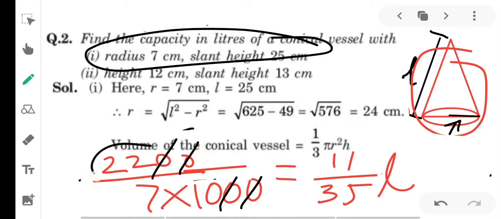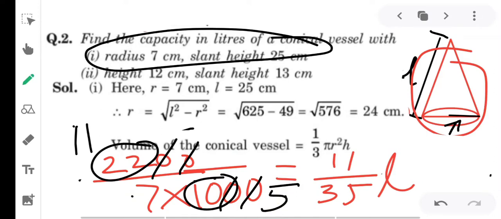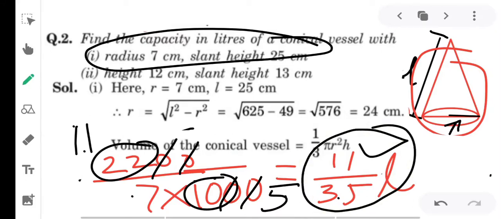And this 22 and 10, it is divided by 2, so we will get 2 11s and 2 5s, and you can see 5 7s 35 and 11 will be as it is, right? So हमारा जो वॉल्यूम आया था by mistake, there the volume is 2200 divided by 7 सेंटीमीटर क्यूब आया था, उसको हमने यहाँ पर 1000 से डिवाइड करके लीटर में कन्वर्ट कर लिया है, राइट? So I hope कि क्वेश्चन नंबर 2 भी आपको क्लियर हो गया होगा, right?